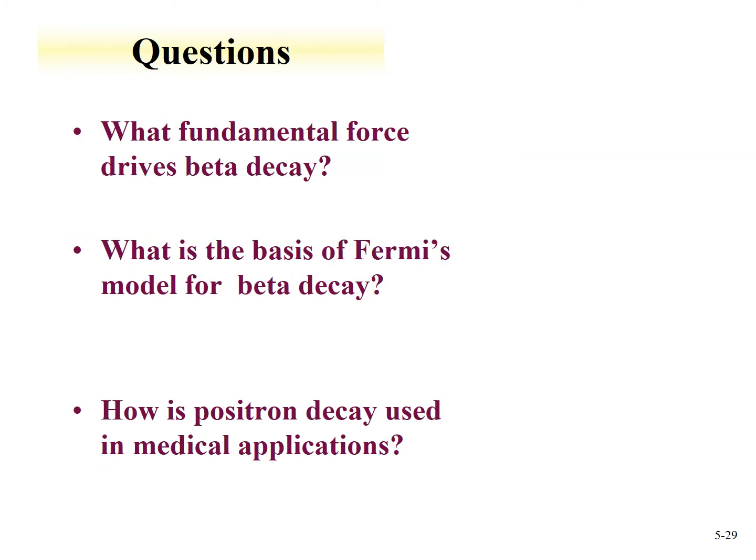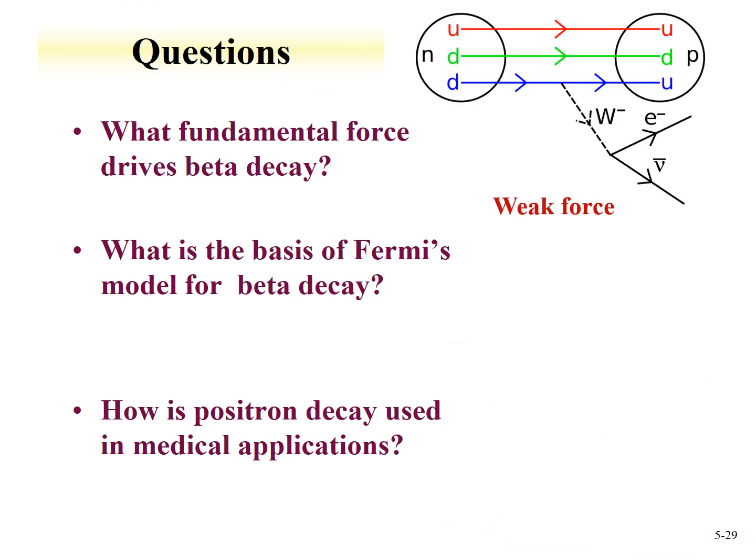Another interesting property of beta decay is the fundamental force that drives it. Beta decay is an example of the weak force. There are 4 forces in nature. We discussed this in the first lecture, and I'm certain you've had it in previous classes: gravity, electromagnetic, the weak force, of which an example is beta decay, where a nucleon, a neutron, goes to a proton.